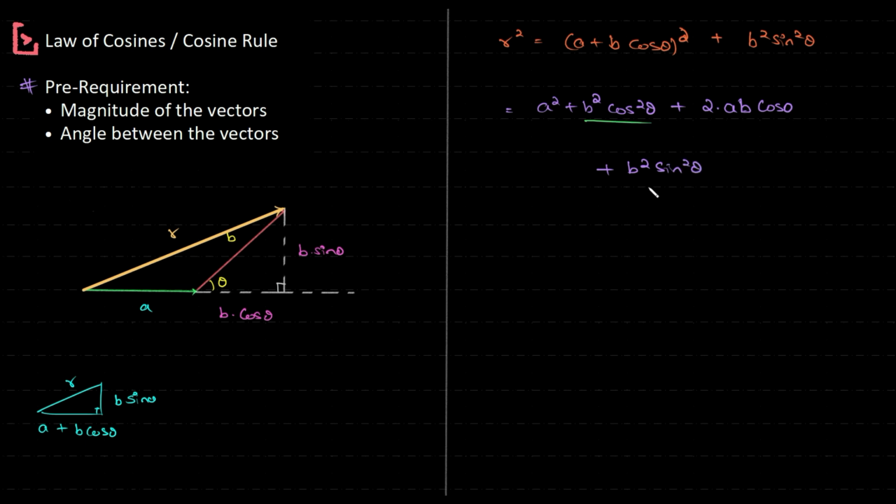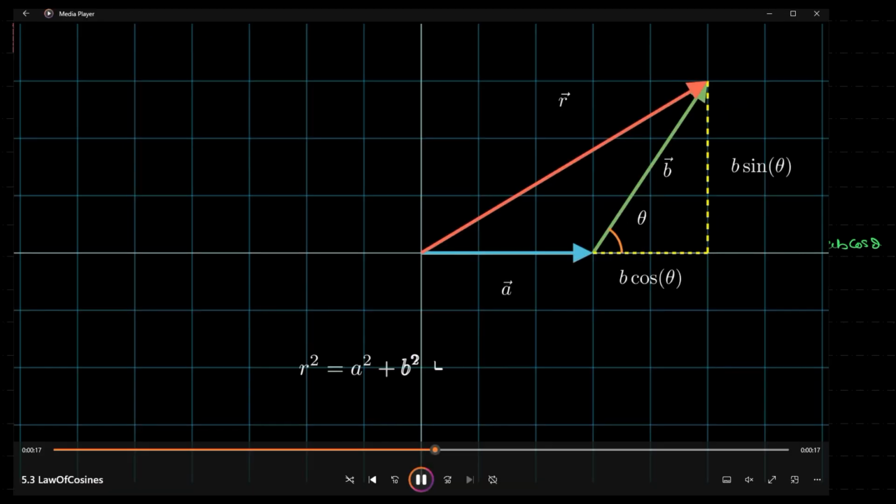Now, between these two, b squared is common. So we have a squared plus b squared (cos squared theta plus sine squared theta) plus 2ab cos theta. Now, cos squared theta plus sine squared theta is equal to 1, that you guys know. So your answer ends up being this.